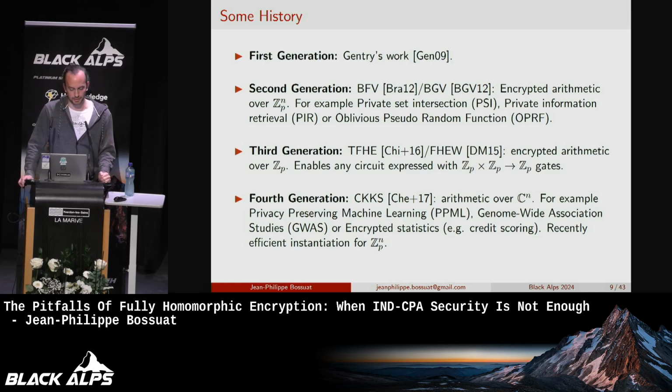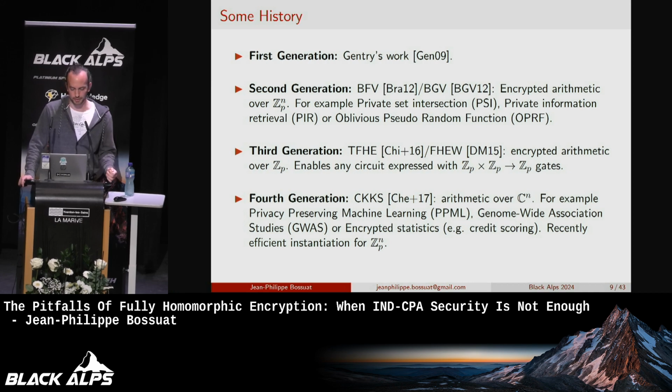Then we had the second generation, with an improvement over the first generation, where the improvement over the second generation was that operations over single values were much faster. And they also enable generic circuits that can be expressed with gates.